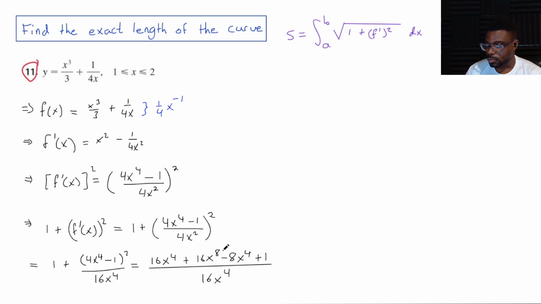So here we can combine like terms. We have a 16x to the power of 4, a negative 8x to the power of 4. So 16 minus 8 gives us 8x to the power of 4.